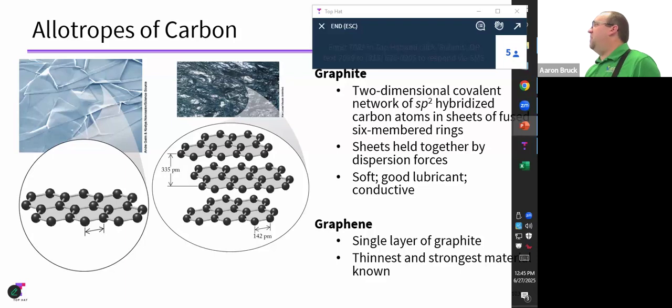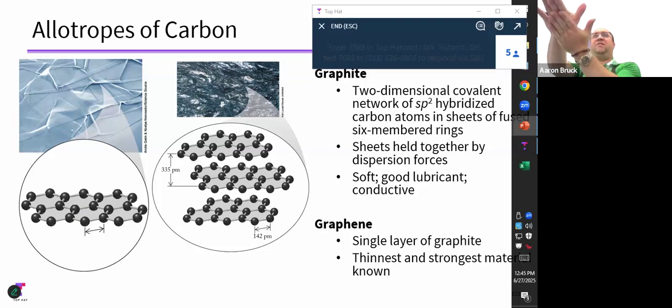And what is holding these sheets together is basically intermolecular forces. Because those sheets are able to move over each other pretty easily, this is what gives graphite that feeling of slickness, which is what allows graphite to be used for lubrication for machining or industrial purposes.